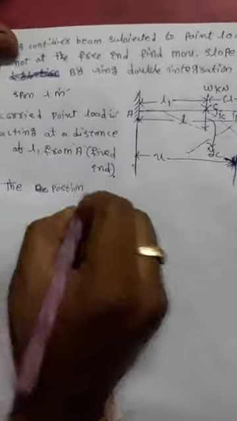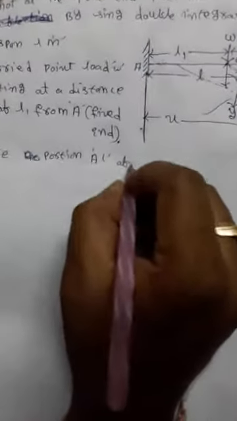The portion AC, with A at this end and C at this end, may be taken as similar to that of a cantilever.